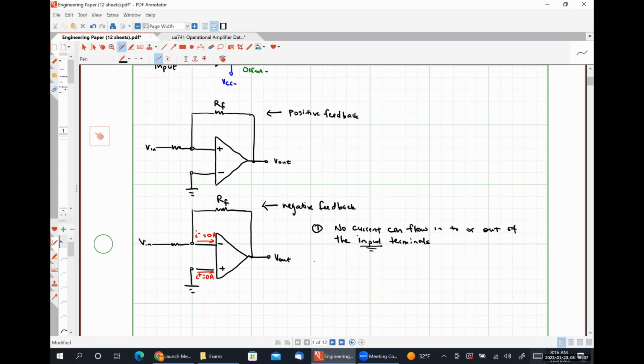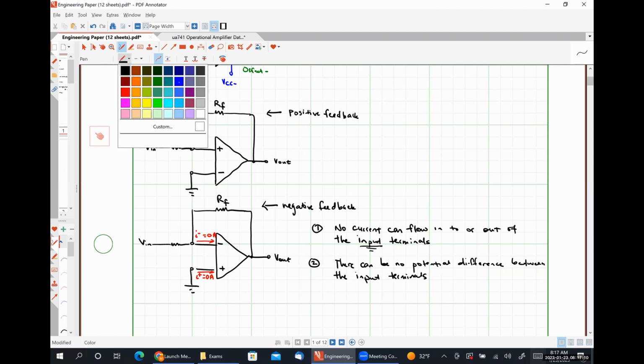Our second rule is there can be no potential difference between the input terminals.